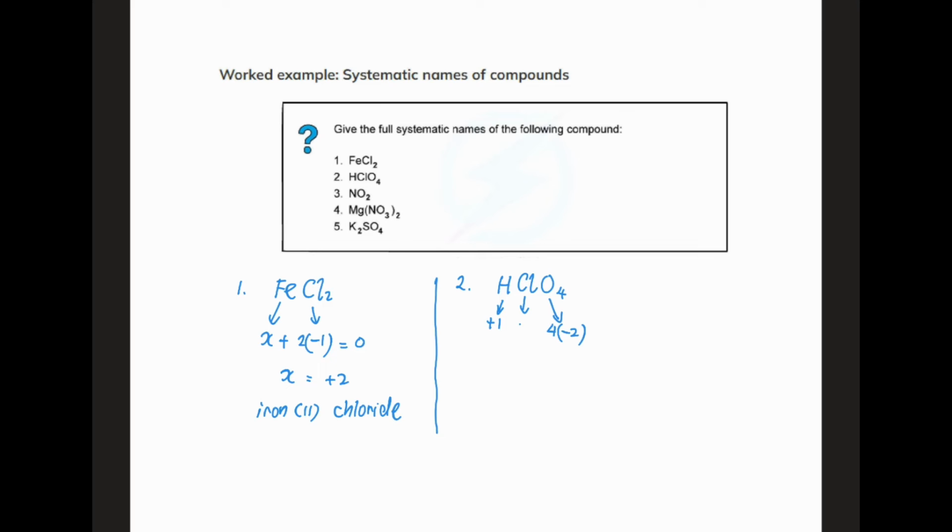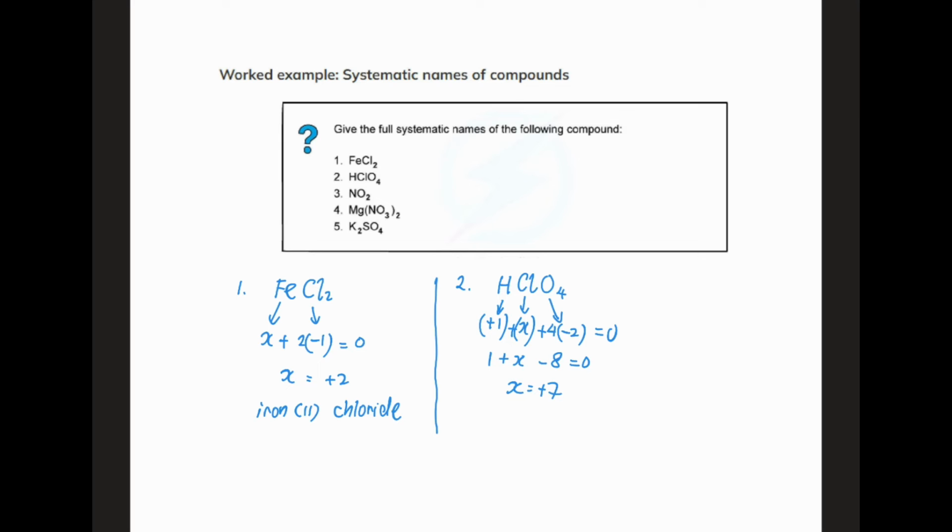So I call it X first. Now we add up everything, then it's equal to 0. The overall charge is 0. So 1 plus X minus 8 equal to 0, X equal to +7. So this is chlorine with oxidation number of +7. So how are we going to name it?